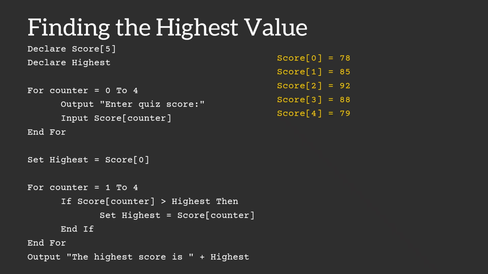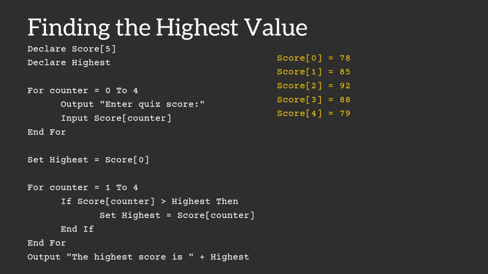Now we're at 4. And we say, if score 4 is greater than the highest, which is 92, that's the value that's in there, then we're going to set score 4 as the highest. But score 4 is 79. It is not greater than 92. So therefore, this gets ignored because this is false.